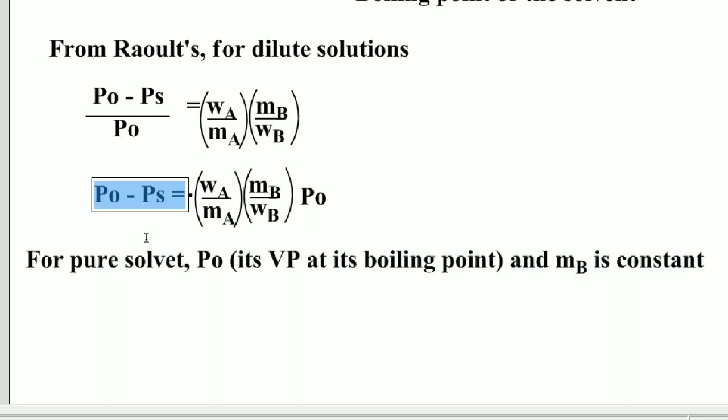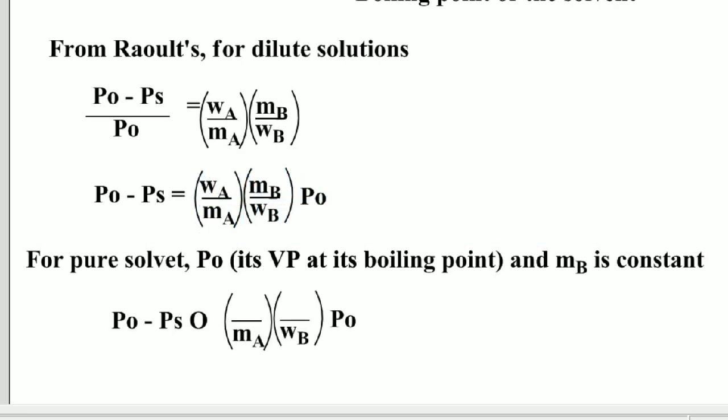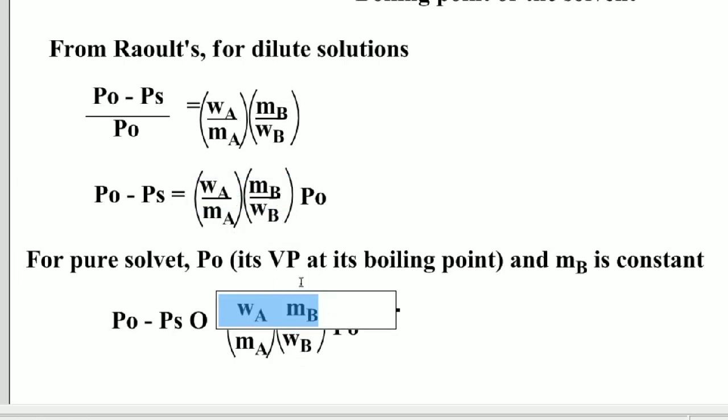Therefore, we can write like this, students: P naught minus PS is proportional to WA by MA into WB.